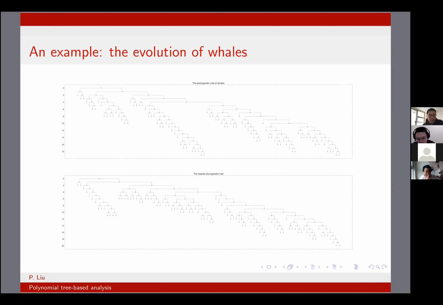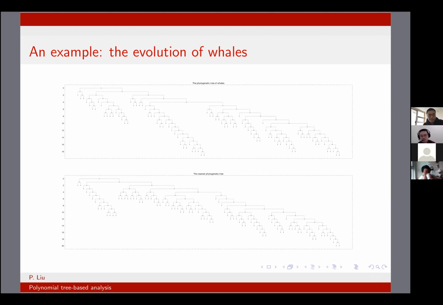But in general, we have this task in applications to compare phylogenetic trees, to compare the patterns of their evolution, and also, as I said, the patterns of cell development.